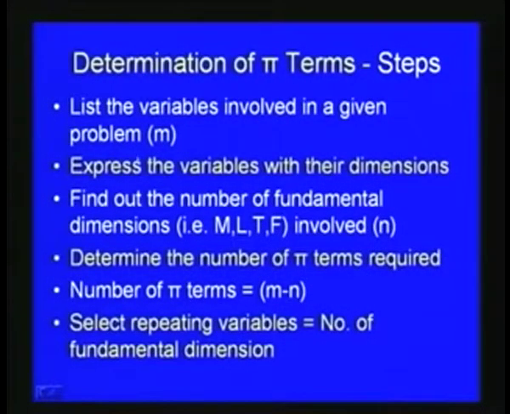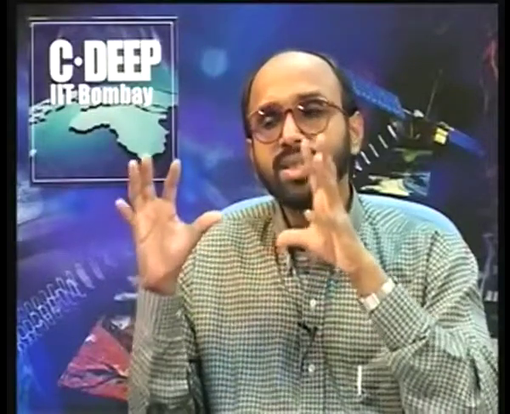The second step is to express the variables with their dimensions. As we have seen, the velocity is L t to the power minus 1, or the unit is meter per second. So, we have to express each variable with respect to the fundamental dimensions, either in terms of M L T, mass length time, or F L T, force length time.